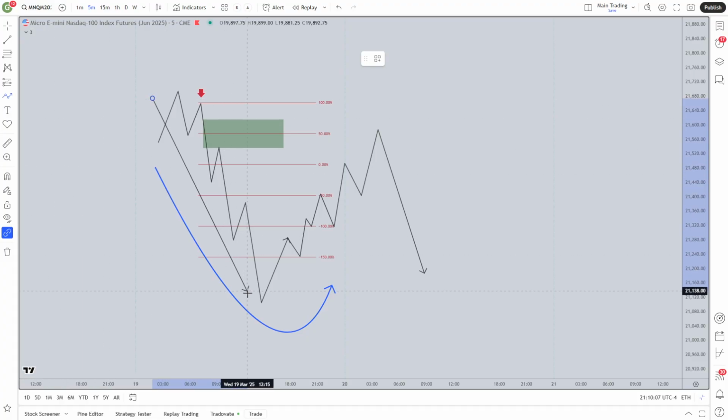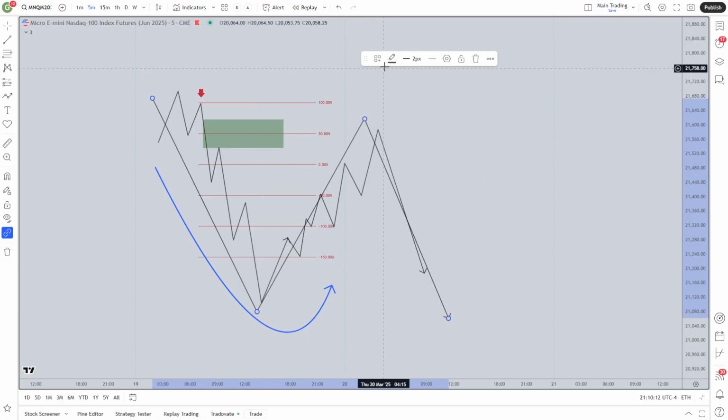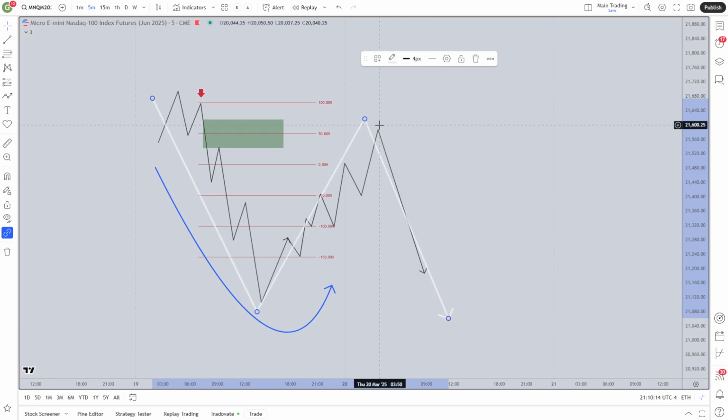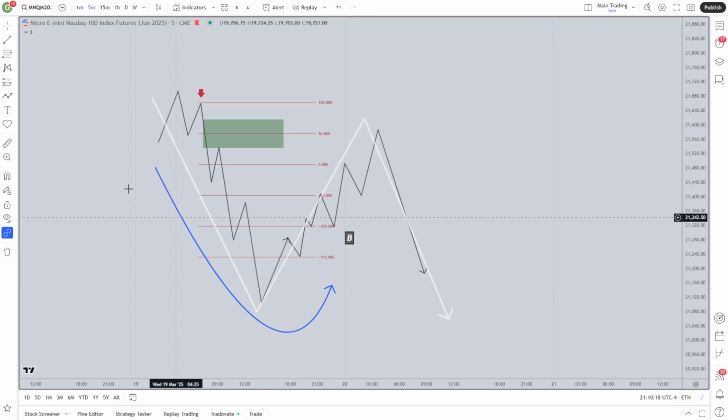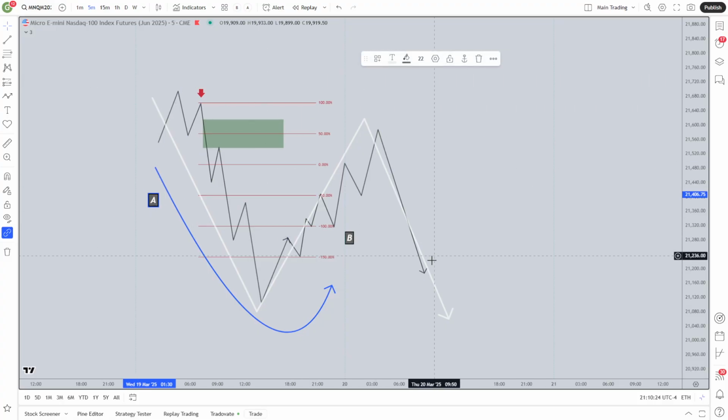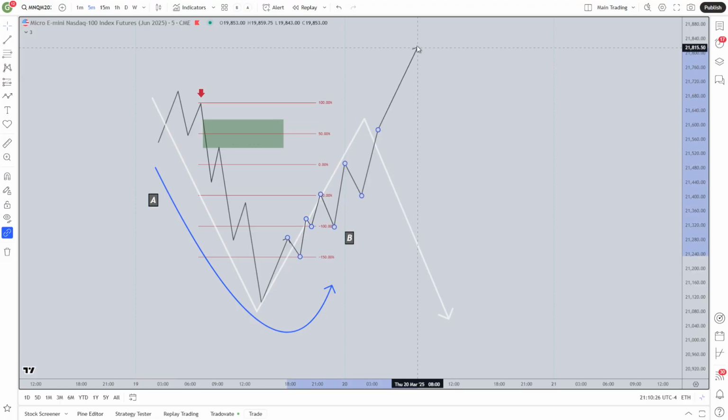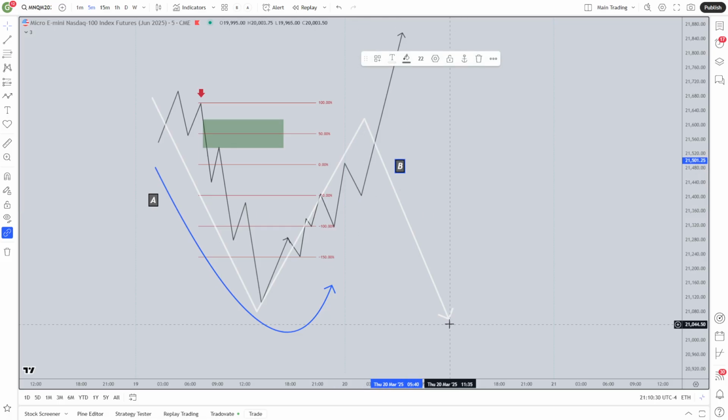So leg B is the buy side of a sell program or sell model. Or if this does not fail, then we are on the buy side of a buy model. And so we're evaluating that.